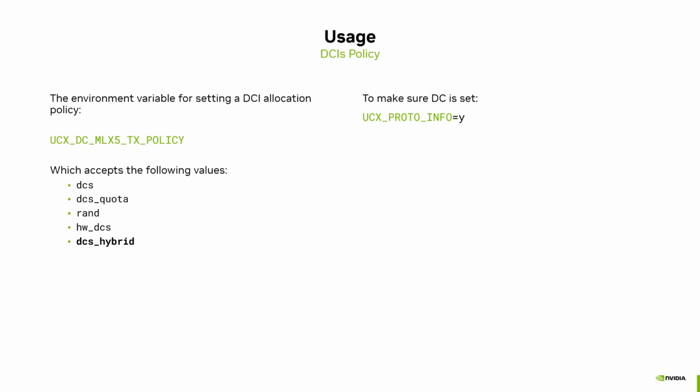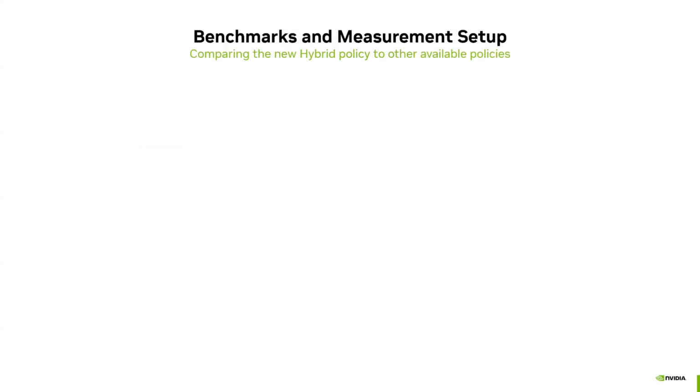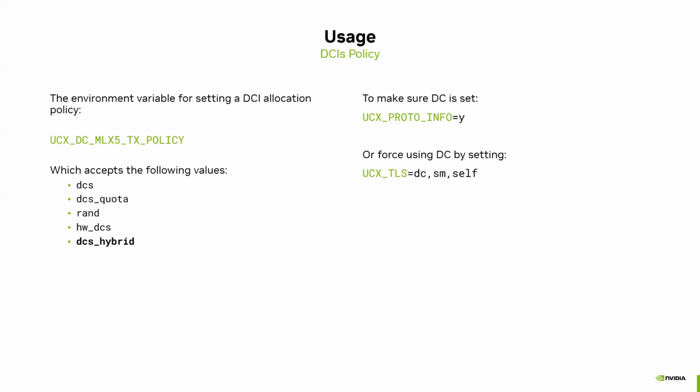It's nice. And you can also force using DC. In general, I think DC is being used above a certain amount of EPs. But if you just want to test what DC is doing, it's a good way to achieve that if you want just to debug DC.